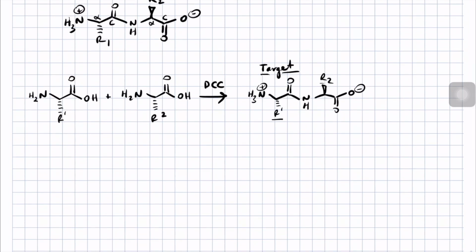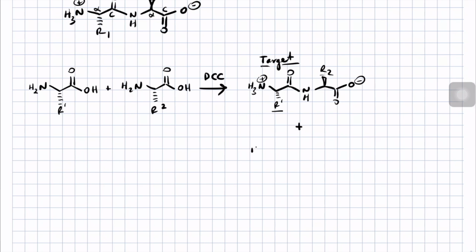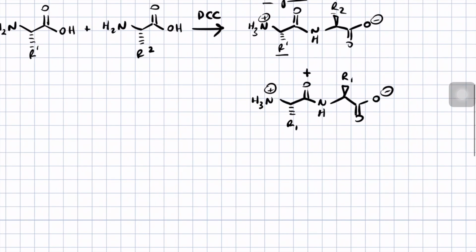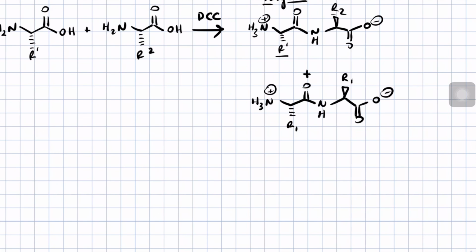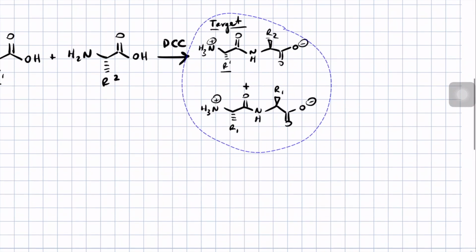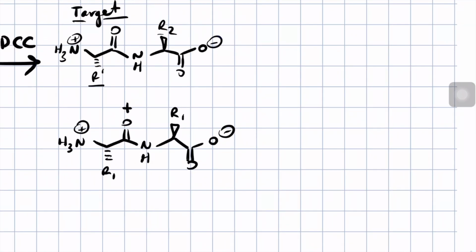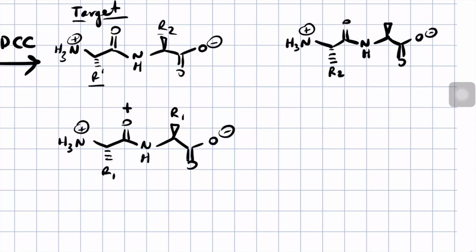And if you thought about it, not only would you get the product I had shown you, but you would also get undesired products in which you bonded two R1 amino acids together, and then you would get another possibility, perhaps where the R2 side chain had been established first, and then the R1 side chain at the C terminus.